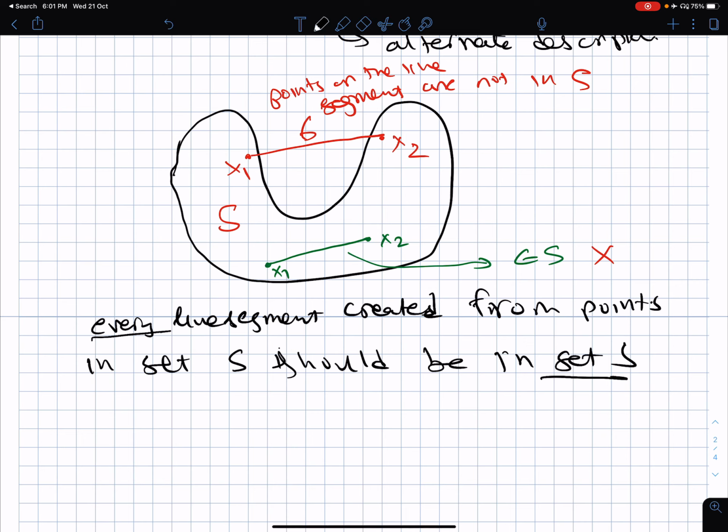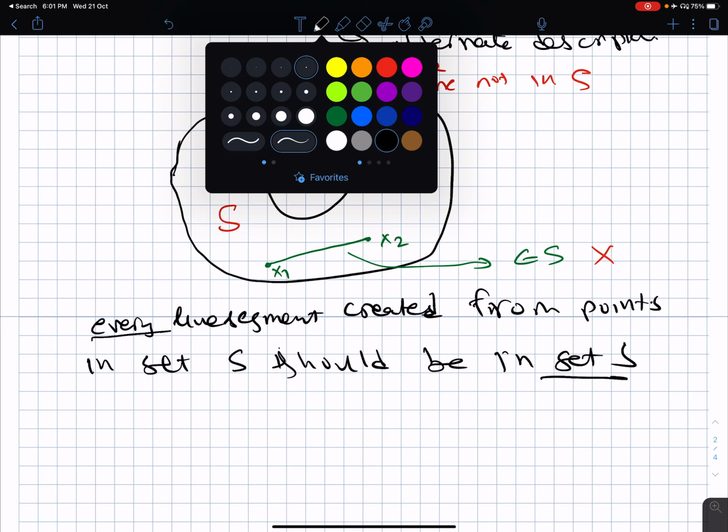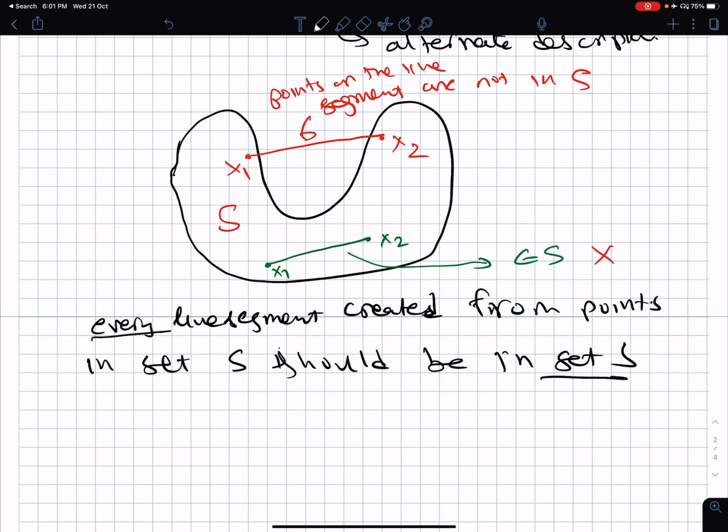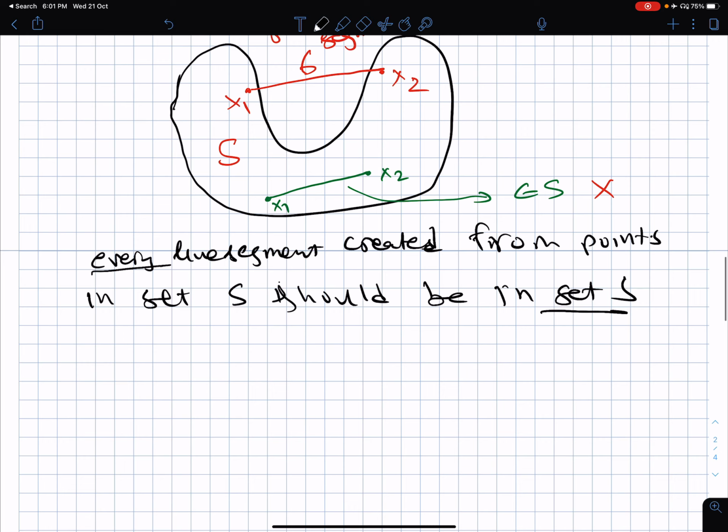All right. So around this, there are some more alternate definitions that I can give. For example, I can talk of affine combinations.